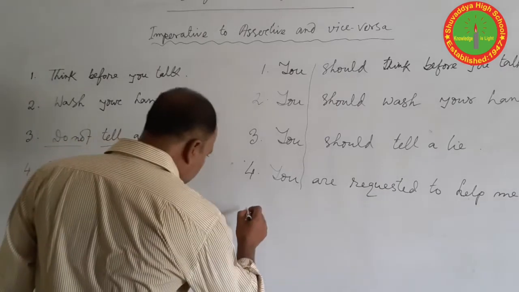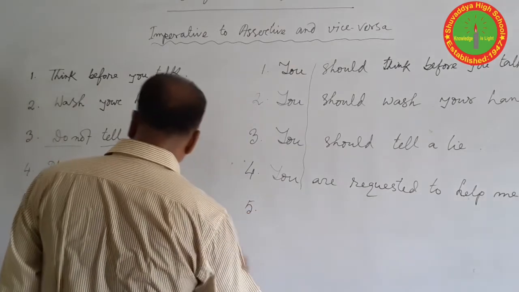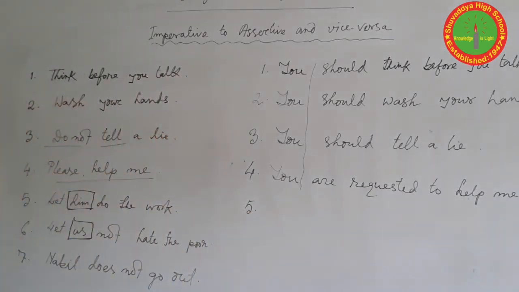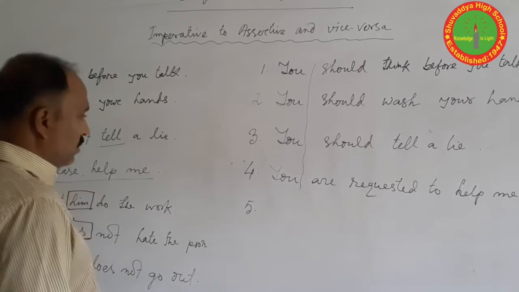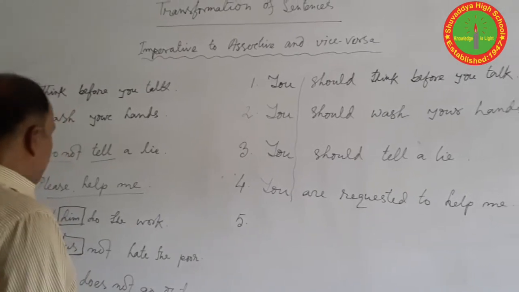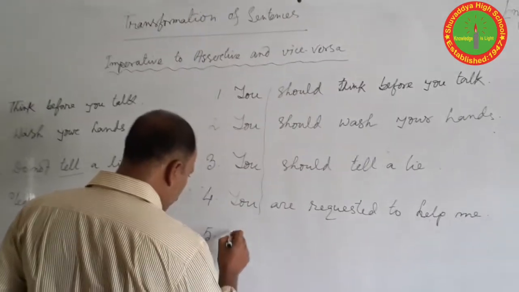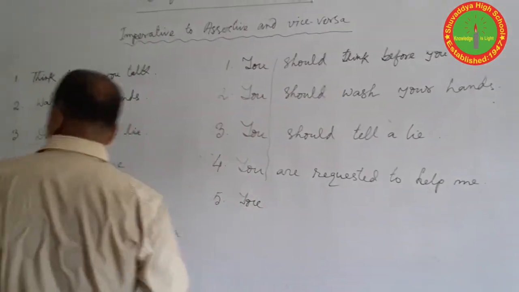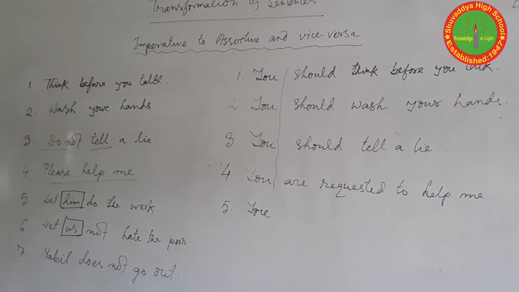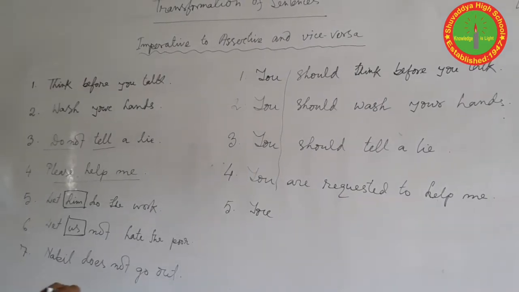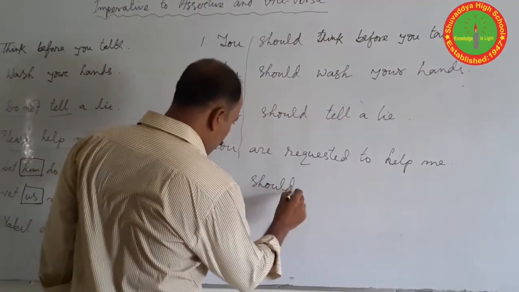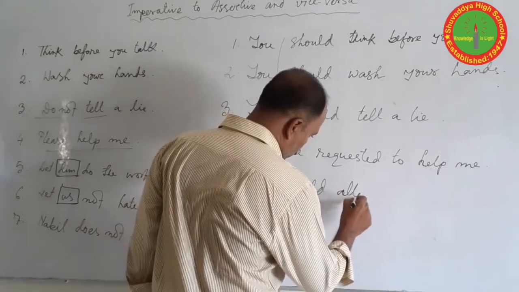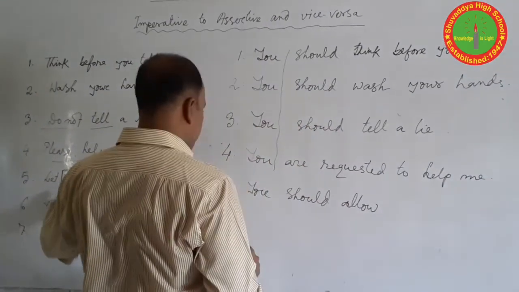So how to write the answer if the sentences are starting with let him or let me or let us? That means first person and third person. Then you should allow, then the object.